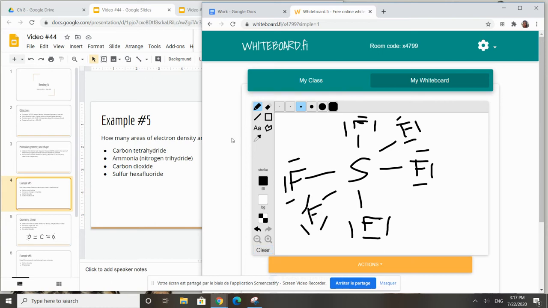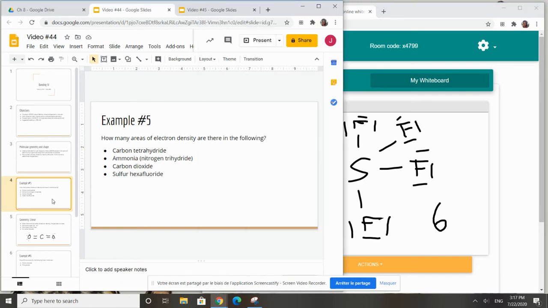I look at the central atom, which is sulfur. It has 6 bonds, 0 lone pairs around it. So this has 6 areas of density. It's going to be octahedral. We're going to talk about 2 geometries today, and then we'll talk about the others in the next video.